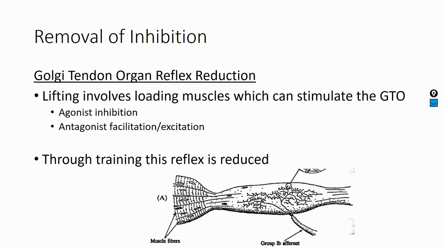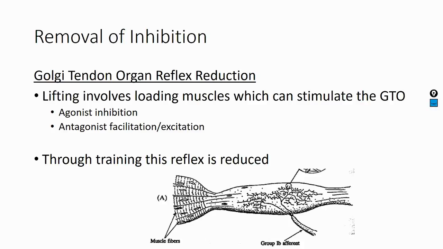In that same example, if I was doing a biceps curl, my antagonist would be the tricep. If the Golgi tendon organ reflex is stimulated, once again through the sensation of exceptional loading on the muscle tendon unit, then that Golgi tendon organ will react by causing inhibition.